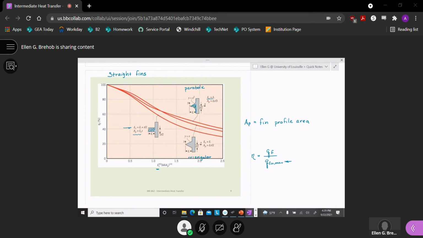So if I have a little stubby fin, its temperature is pretty close to the base temperature anyway, so that ratio is 1. But as we get further and further, adding more area, you can see, so this is our rectangular. It doesn't do quite as good of a job. Triangular is a little bit better, and then parabolic is even better. But I don't think in practice you actually see these more exotic fin shapes very often.